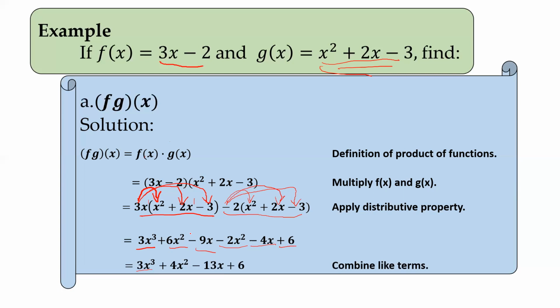Therefore, 3x cubed bring down. Next, we can combine the positive 6x squared with negative 2x squared. Therefore, we will have positive 6x squared plus negative 2x squared.